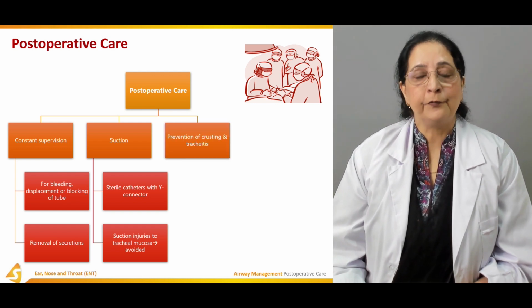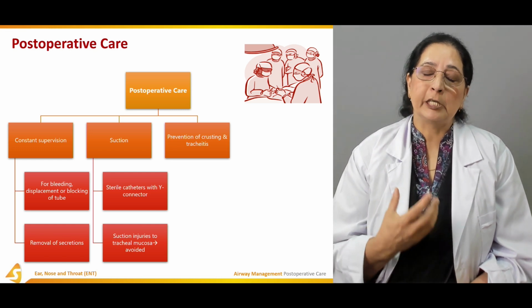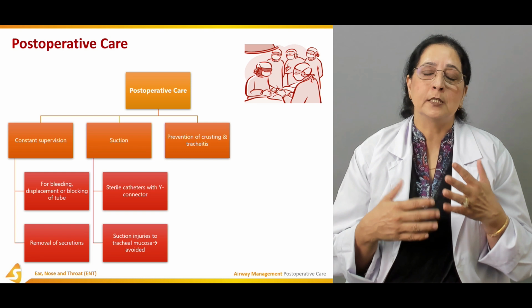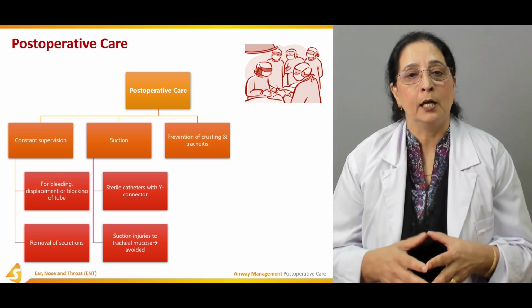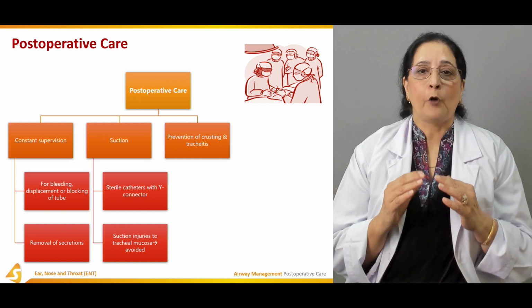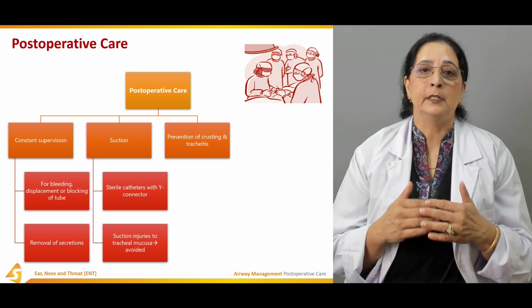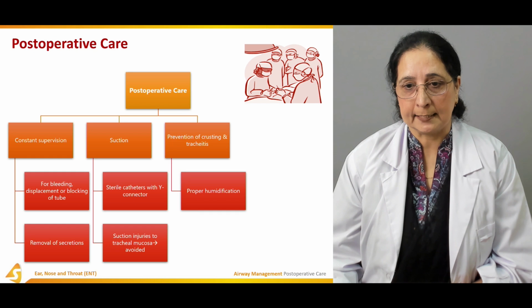Then prevention of crusting and tracheitis. With these secretions, it can cause crusting and infection of the trachea. So it's very important that we do proper management after the procedure to avoid crusting and tracheitis.